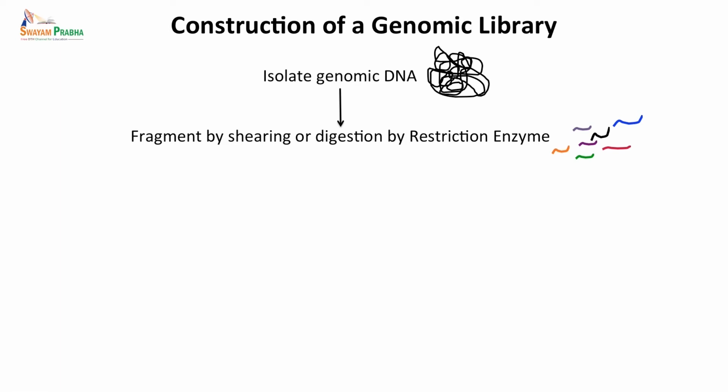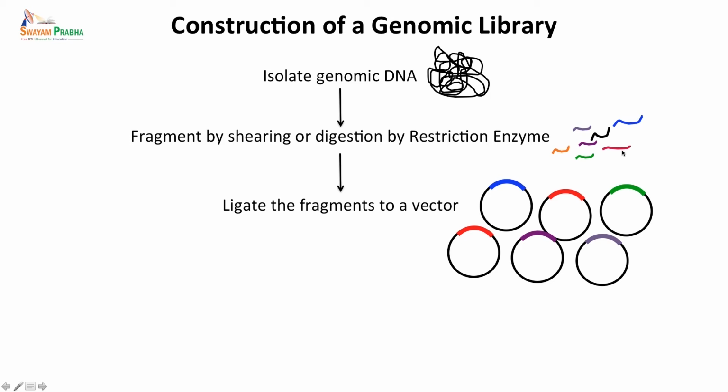So essentially, the entire genome of the organism is now present in the form of these fragments in a single test tube. Now you take a vector, and if you use the restriction enzymes for digestion, you can digest the vector DNA with the same restriction enzyme or two enzymes, so that the fragments can be cloned into these vectors.